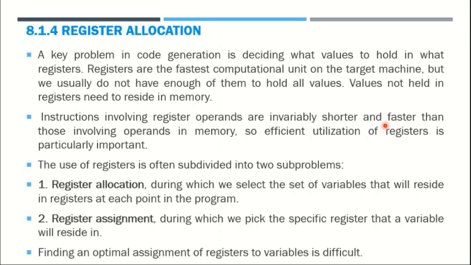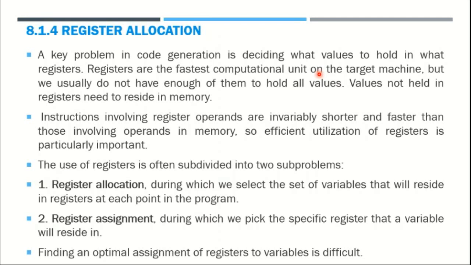If the operands of a specific instruction are stored in register memory versus in main memory, the time to complete that instruction will vary. That's why we give the highest priority to allocating register memory during instruction selection.